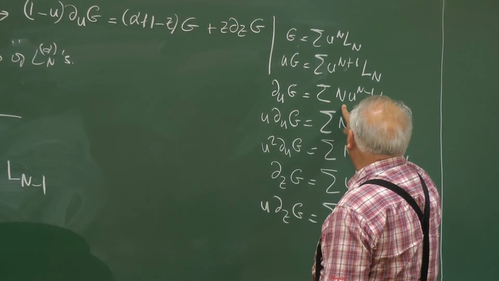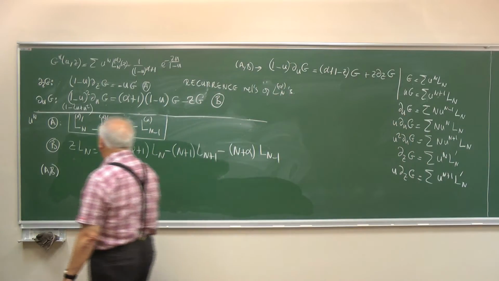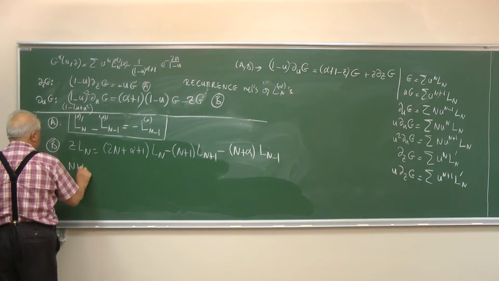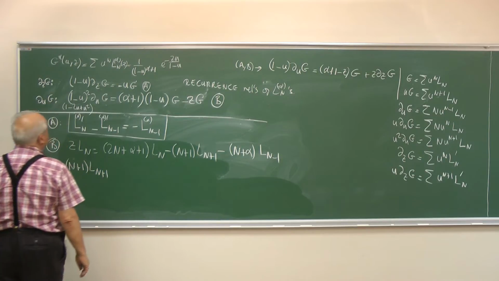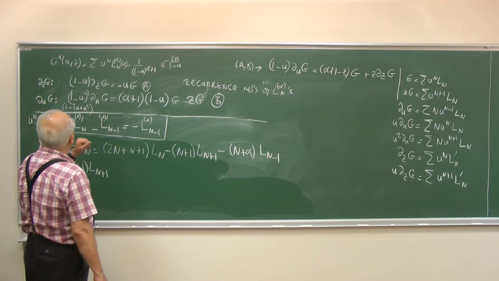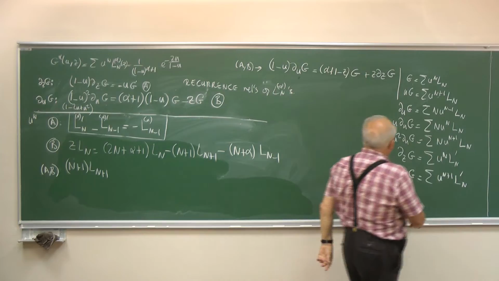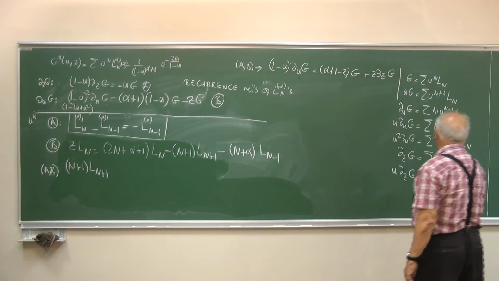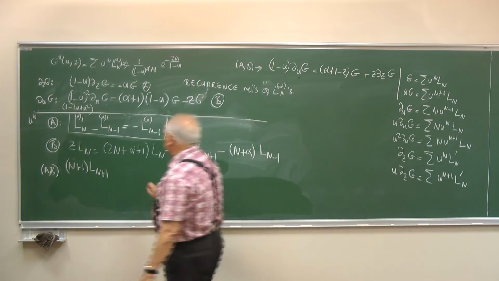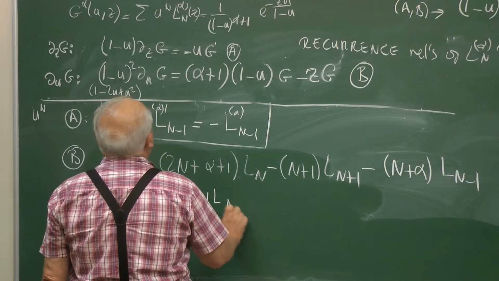So it is n plus 1 and then minus u du. It is minus n Ln.